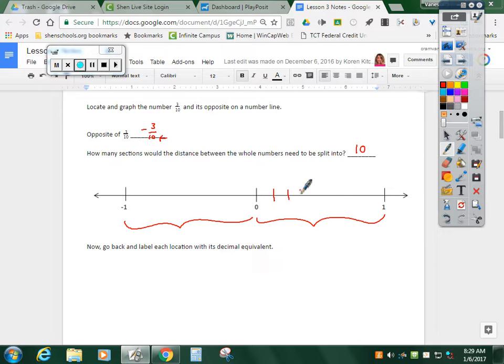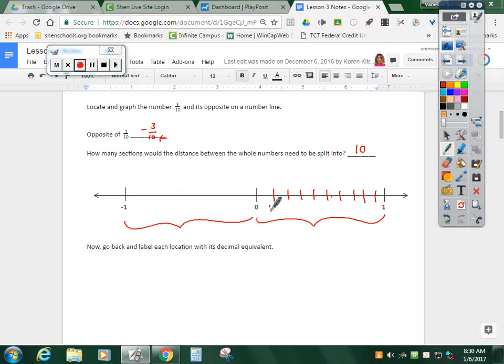1, 2, 3, 4, 5, 6, 7, 8, 9, okay? So if I was looking here at the sections, this is 1, 2, 3, 4, 5, 6, 7, 8, 9, 10 sections.